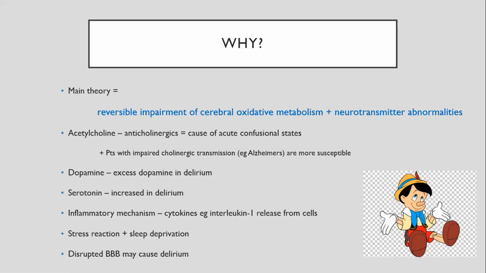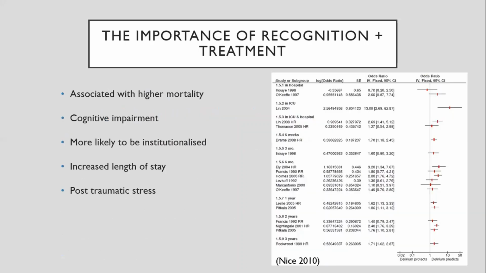But the honest answer is we don't really know why. We do know that sleep deprivation is also a possible contributor, and we know that people's sleep hygiene, particularly in hospital, is very poor. But the honest answer is there's lots of theory, but we don't really know.